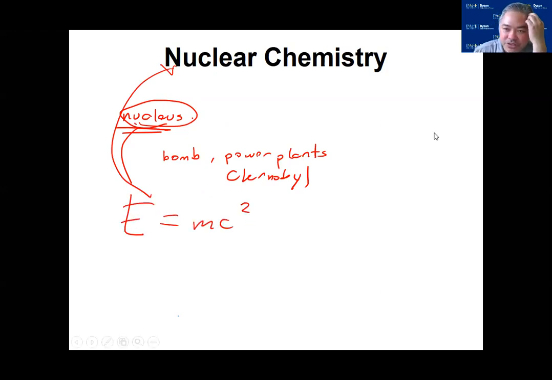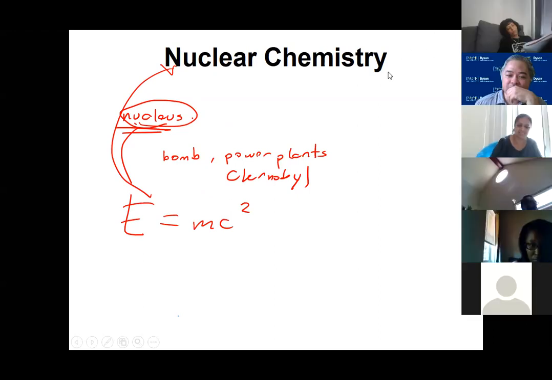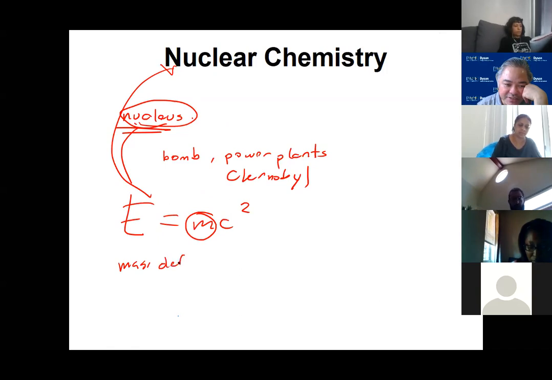Einstein's famous equation. So what does this E equals mc squared mean? That means you can tap the mass as the source of energy. The mass pertains to the so-called mass defect. So what is this mass defect? Remember, you have the subatomic particles.